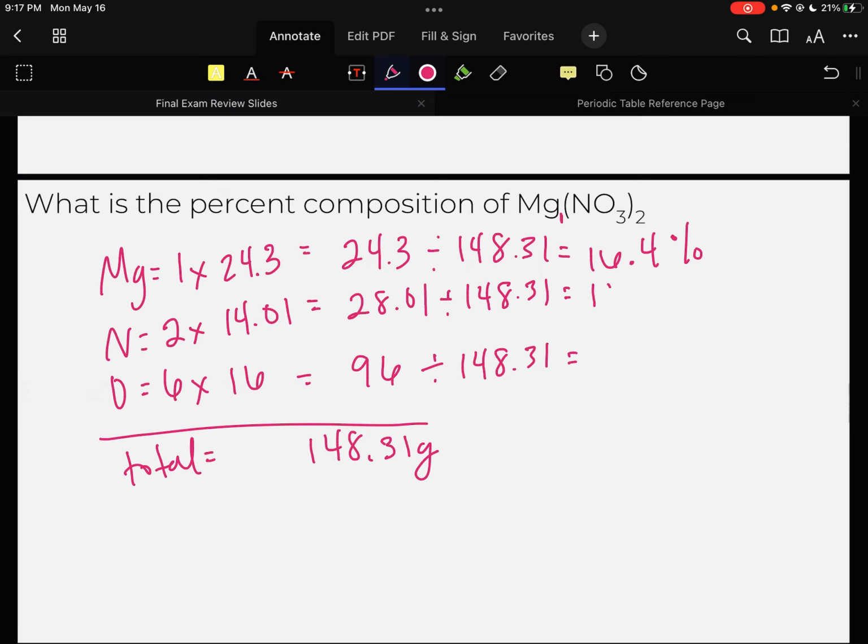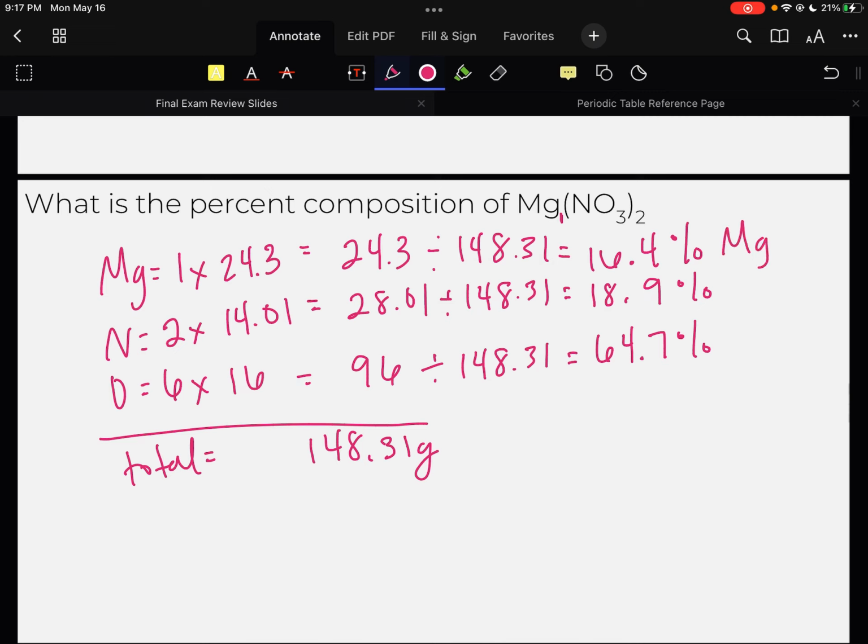And I suggest you actually type these into your calculator as well. So if you want to pause it and type it in to see if you're getting the same answer that I am. Especially because you're having to move your decimal, so you can see what it actually looks like on your calculator.